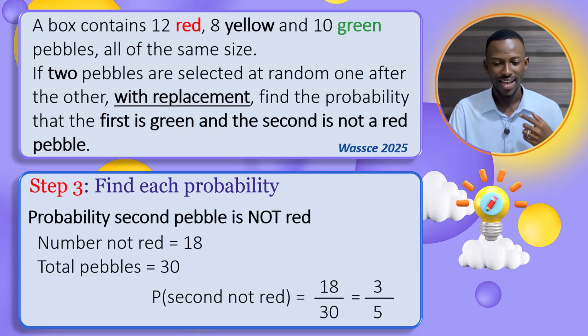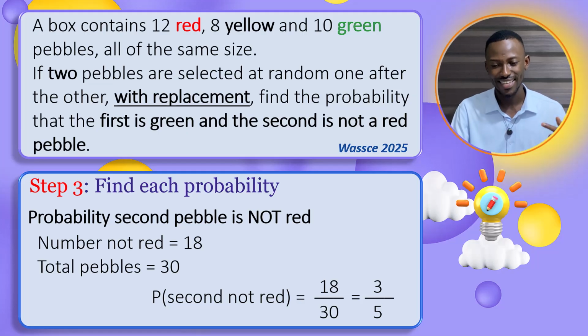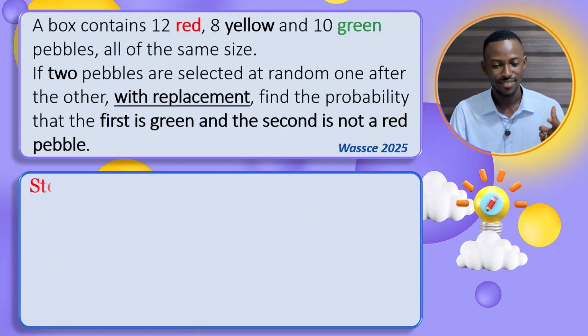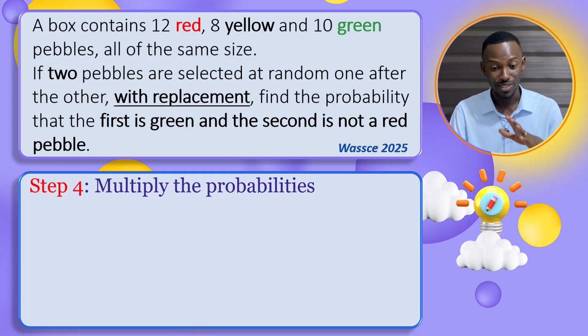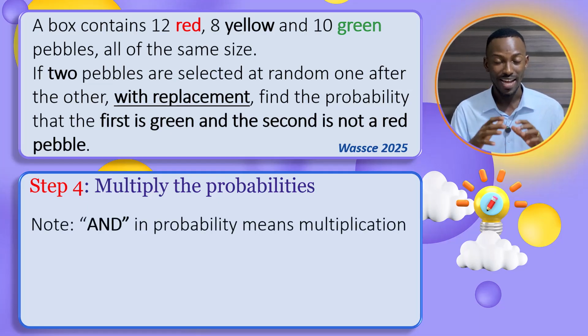But what the question is asking us to find is the probability that your first selection is green and the second is not red. So the next step we have to deal with is to multiply the probabilities. How do I know we have to multiply the probabilities? The answer is simple.